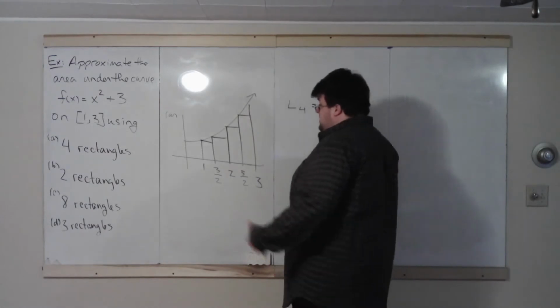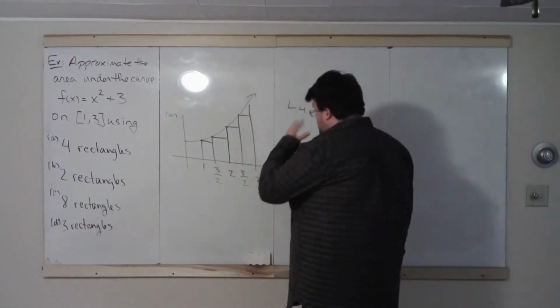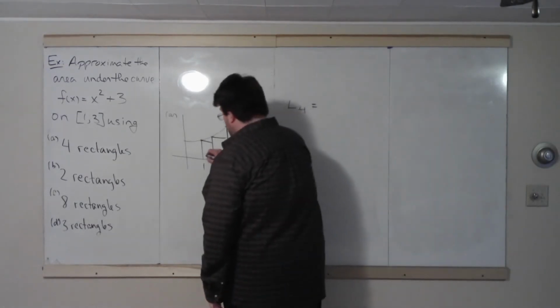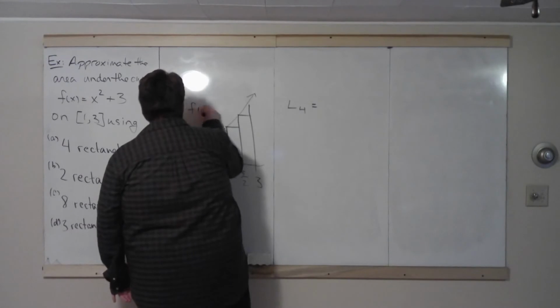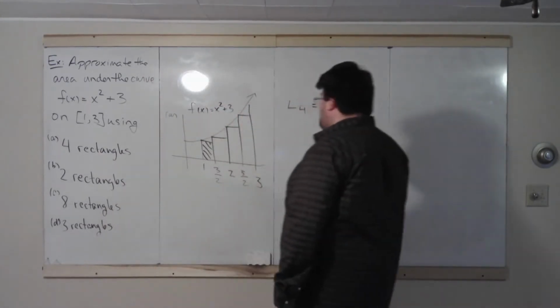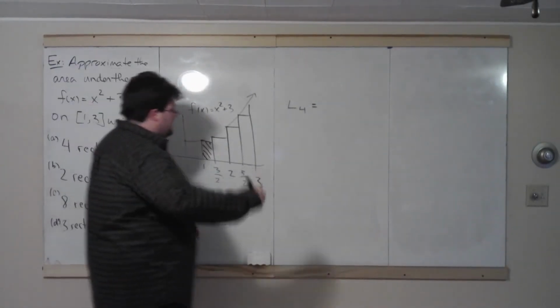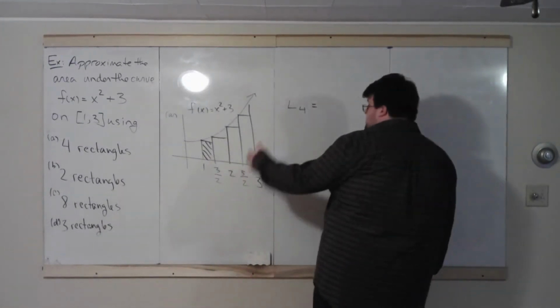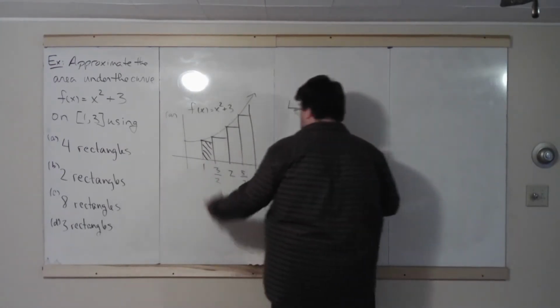And I'll illustrate why that's important in the second line of the computation for this first one. But what's the area of this first rectangle? Well, what's the function? The area of the first one, the base is a half. What's the height of the function?